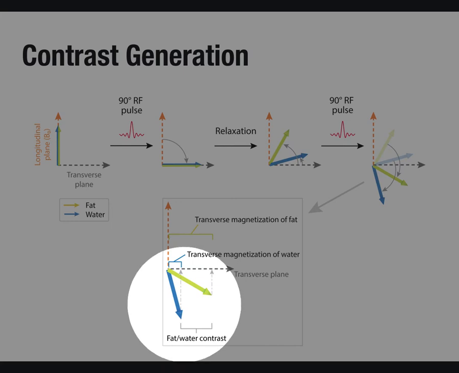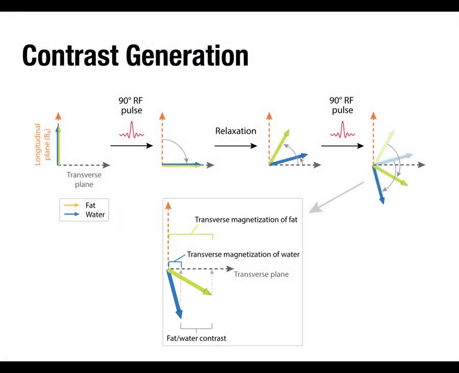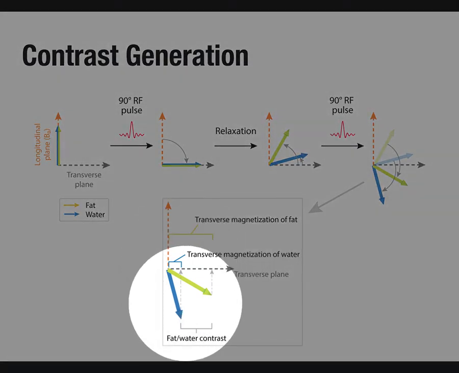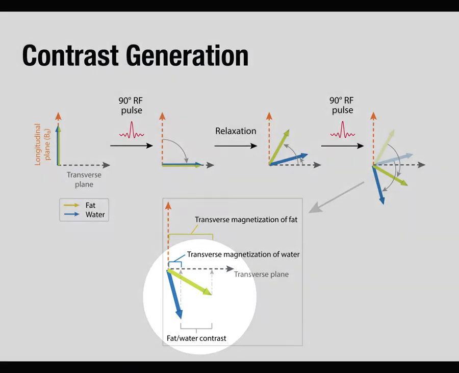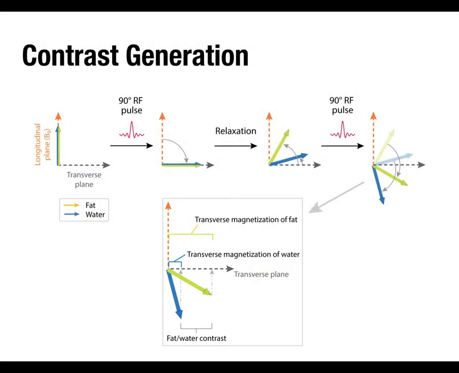And because we're reading in the transverse plane, what really matters, and those gray lines aren't super crisp, I realize, is that here's the vector for fat, and if you go from where that's pointing down, draw a straight line up to the transverse plane, that's the amount of signal we're going to record from water in the receiver coil, because the receiver coil is sensitive to what's exactly in the transverse plane.